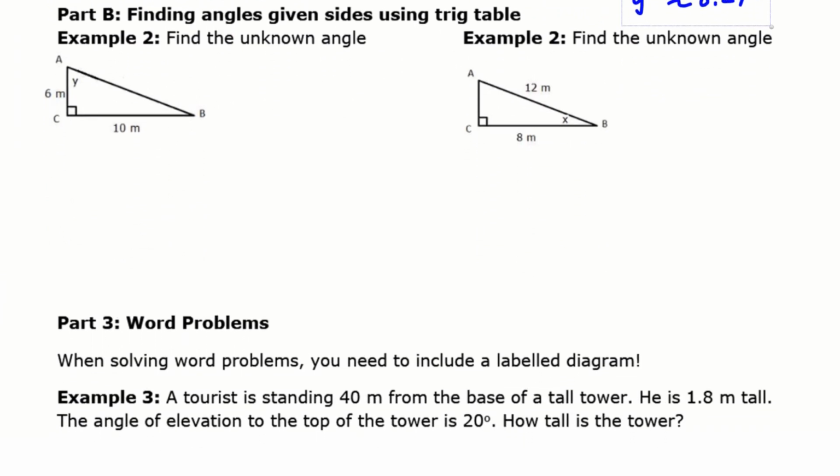The next example will be looking for angles. So step 1 always says pick the angle, then label it. So this one only has 90 degrees given, and we don't have other angles less than 90 degrees given, so we are going to pick the unknown angle, which one you want to find.